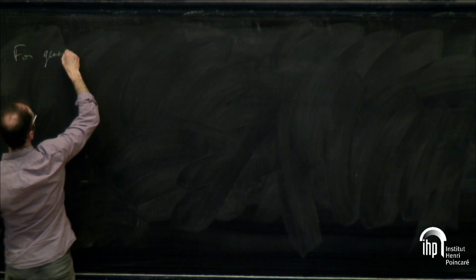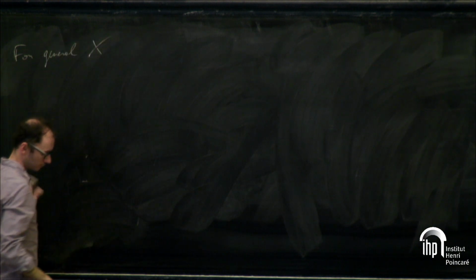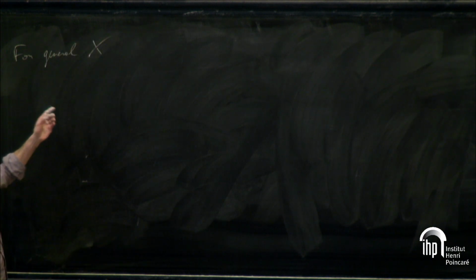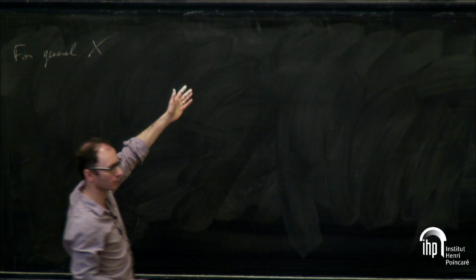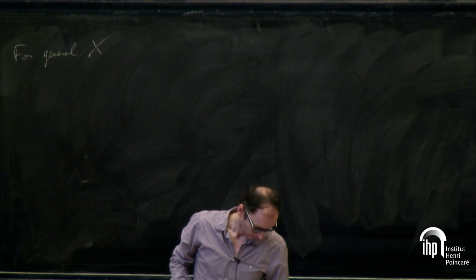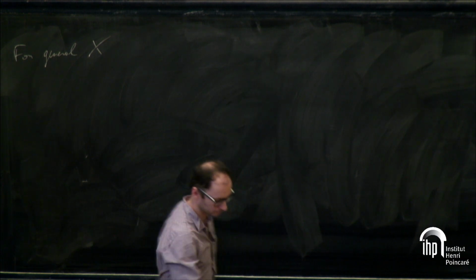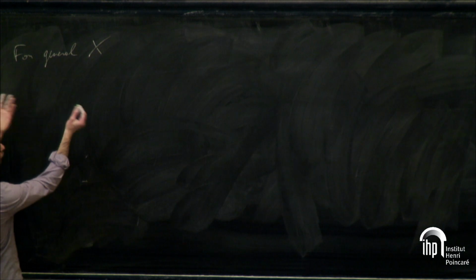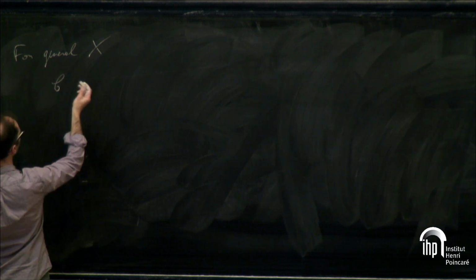And so if you understood what I just did for P1, the thing is that this generalizes for arbitrary curves. So for a general curve X, you still have this bijection. And you could do it also in some definable way.